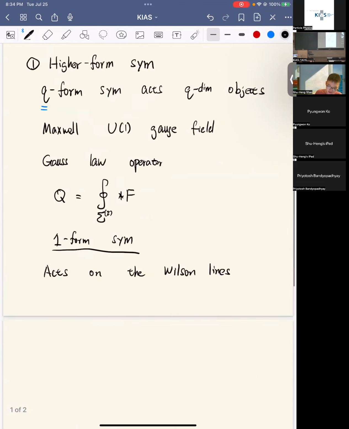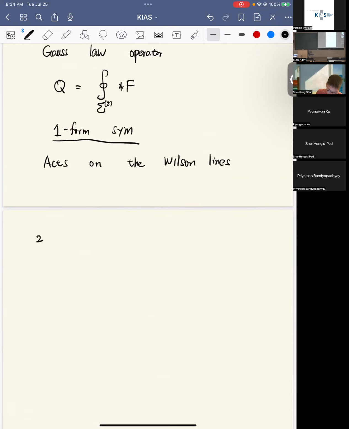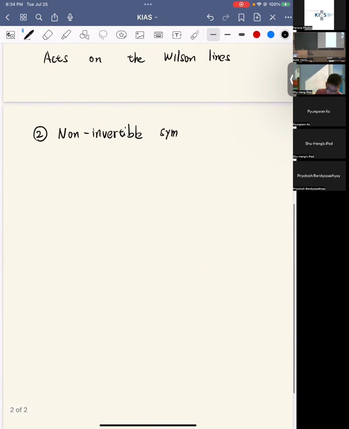But there's an interesting interplay between the higher form symmetry and the second kind of symmetry, which goes under the name of a non-invertible symmetry. So roughly speaking, a non-invertible symmetry is a symmetry operator without an inverse.